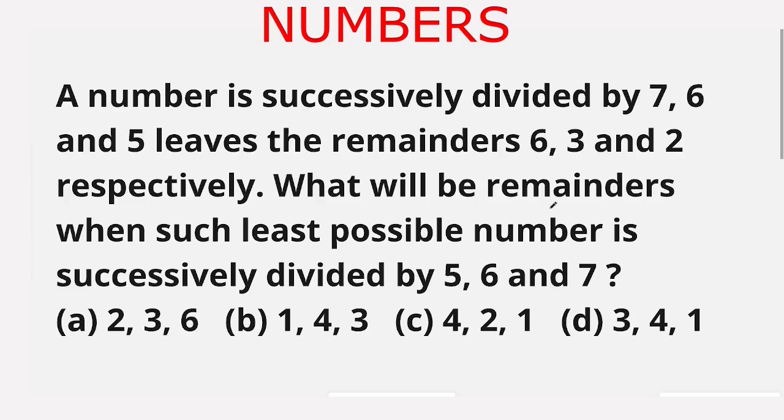What will be the remainders when such least possible number is successively divided by 5, 6 and 7? The given options are option A 2, 3, 6, option B 1, 4, 3, option C 4, 2, 1, option D 3, 4, 1.